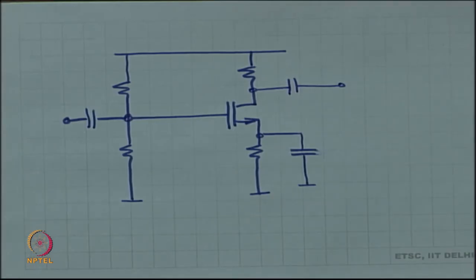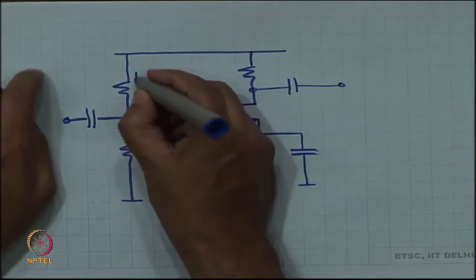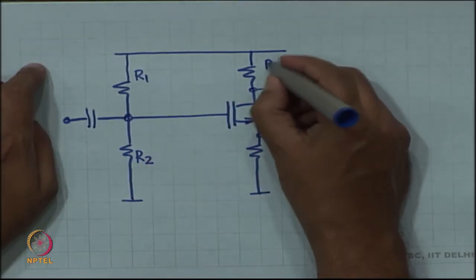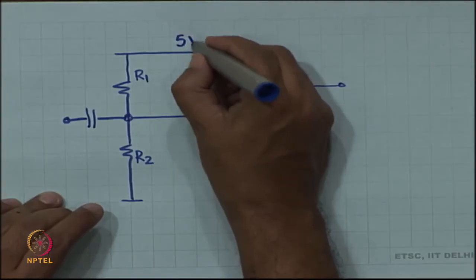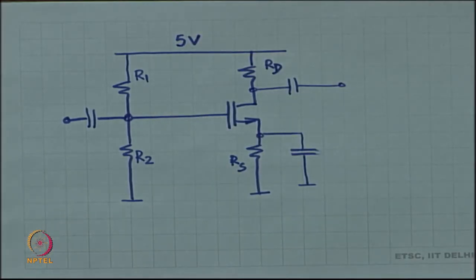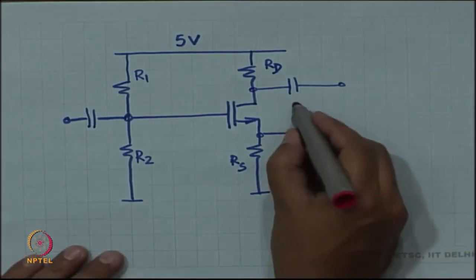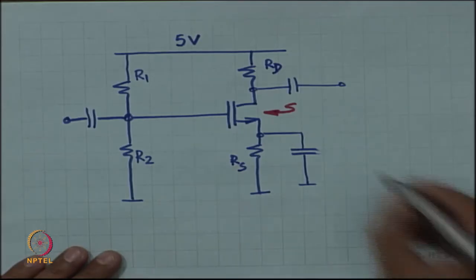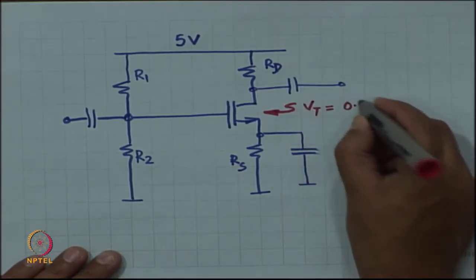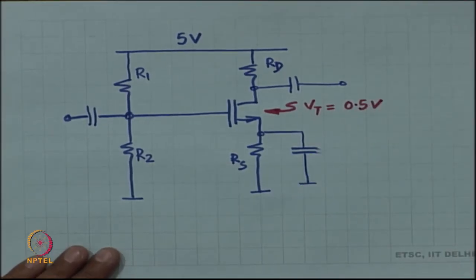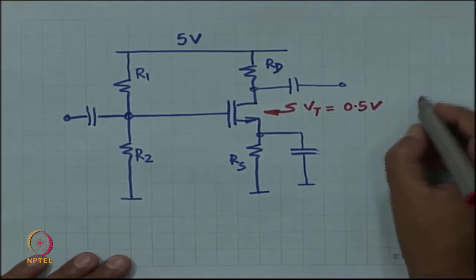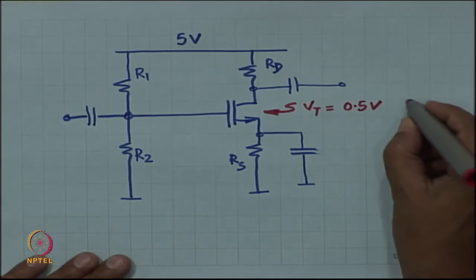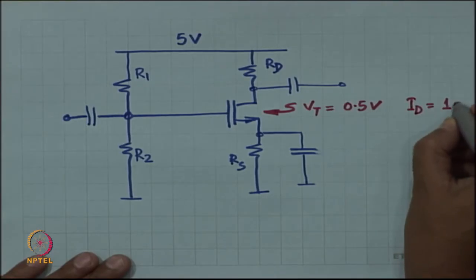Okay. So, this is your circuit, all right. Now, suppose the power supply is 5 volts, and then you are given that this MOSFET has Vt of 0.5 volt, okay, and this MOSFET requires ID equal to 1 milliampere.